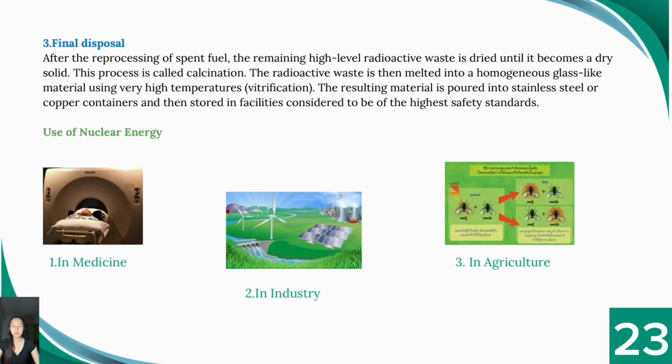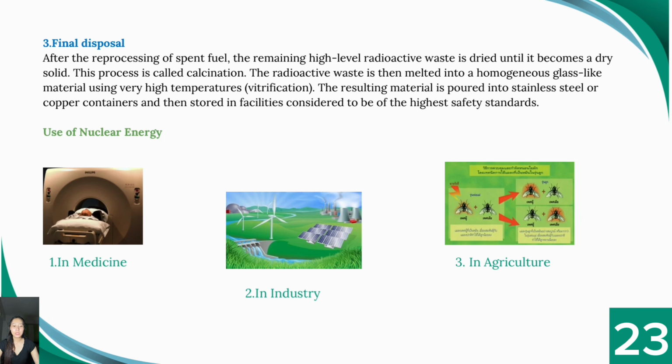The final disposal. After the reprocessing of spent fuel, the remaining high-level radioactive waste is dried until it becomes a dry solid. This process is called calcination.